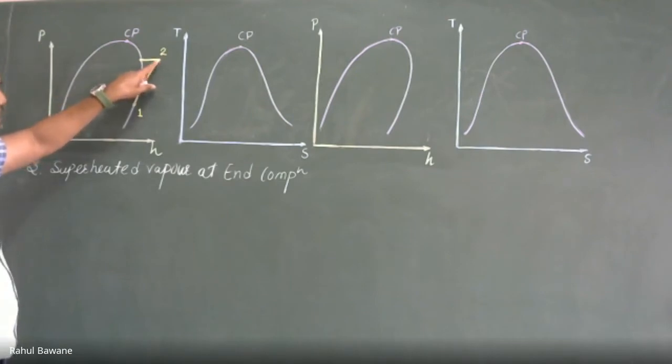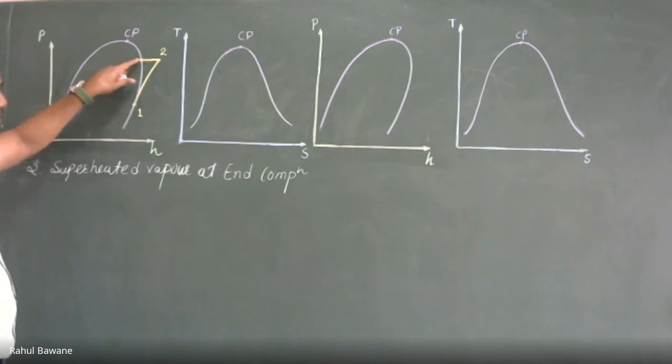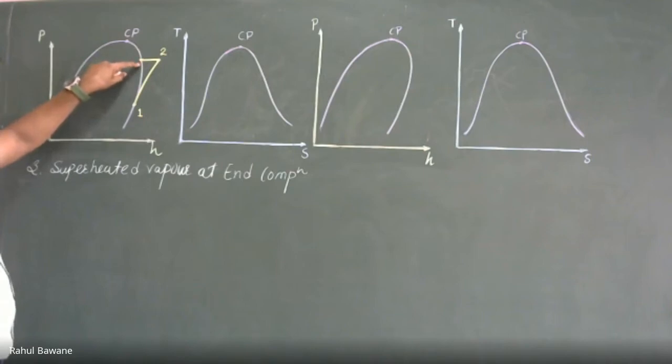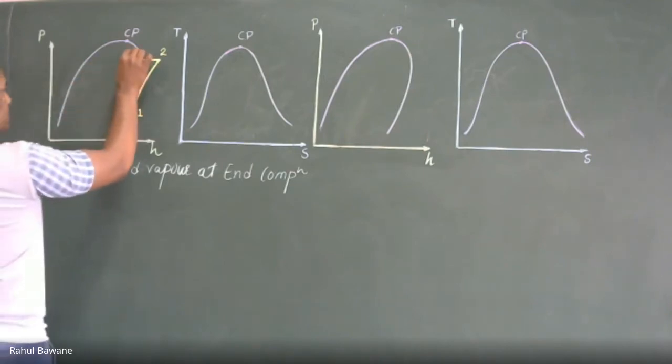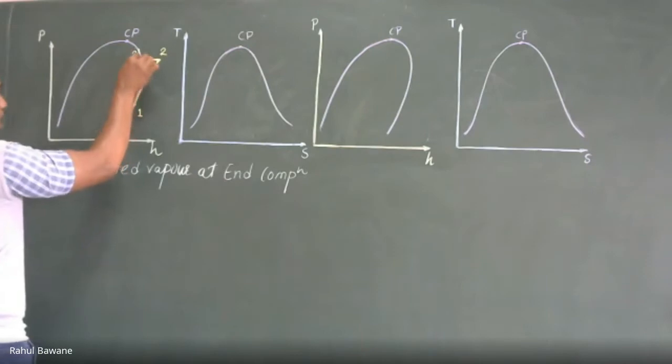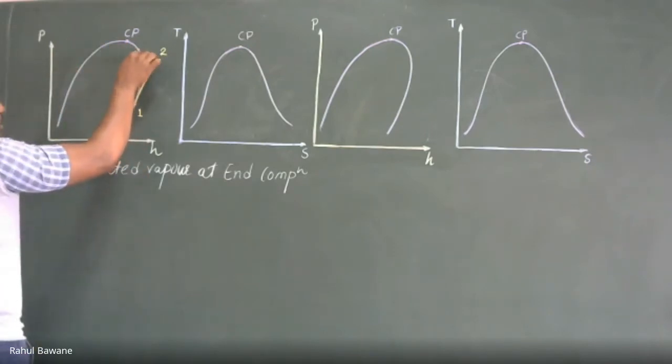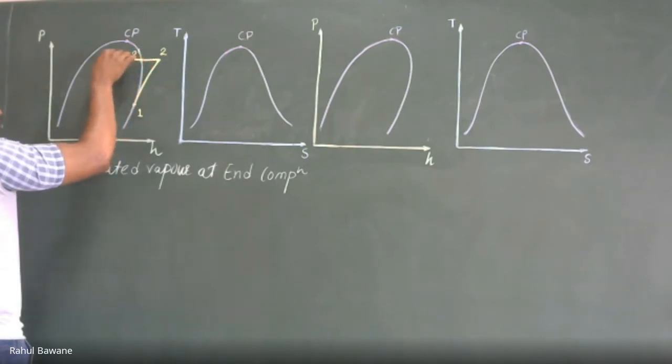When I reduce the temperature, sensible heat is removed, so its temperature decreases, but pressure remains the same. At constant pressure, temperature decreases and it reaches dry saturated condition. This is 2 dash. And after dry saturated condition, if I further remove heat, that heat will be latent heat, so phase change will occur.